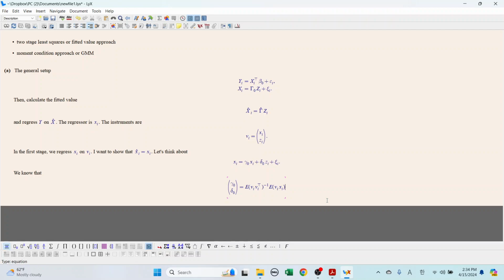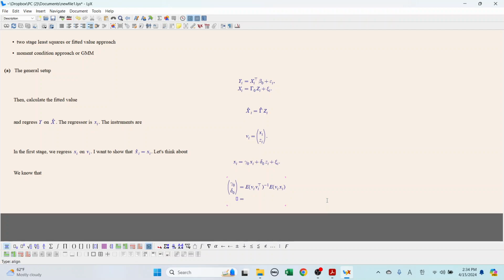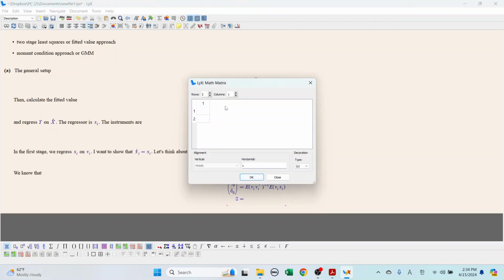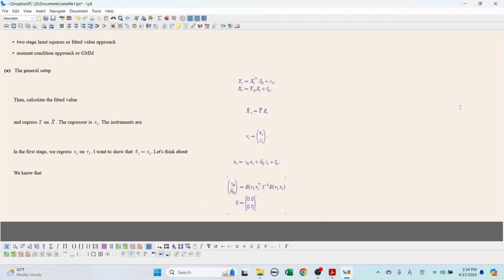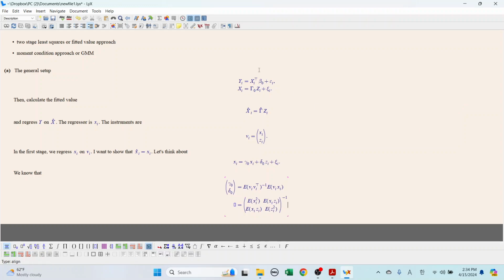We can rewrite this as a 2 by 2 matrix with x squared, x z, and z squared, and its inverse is a 2 by 2 inverse.